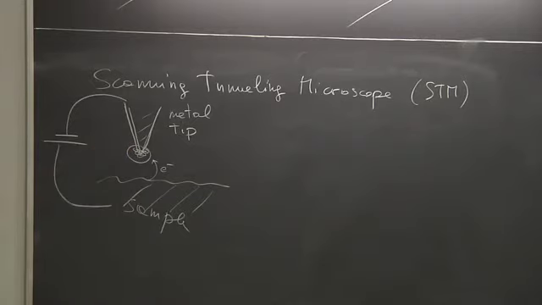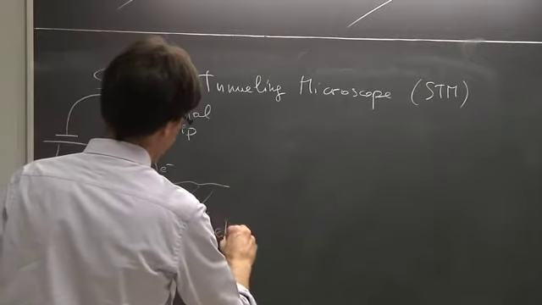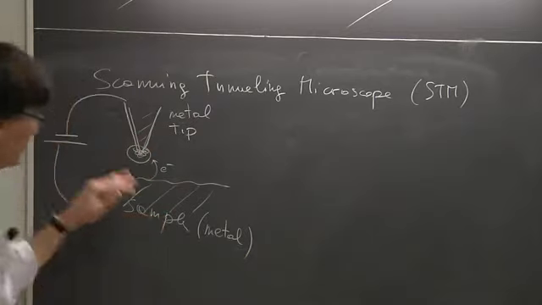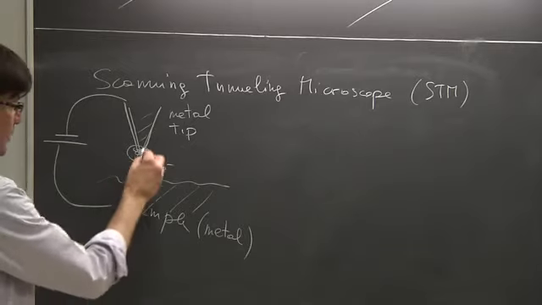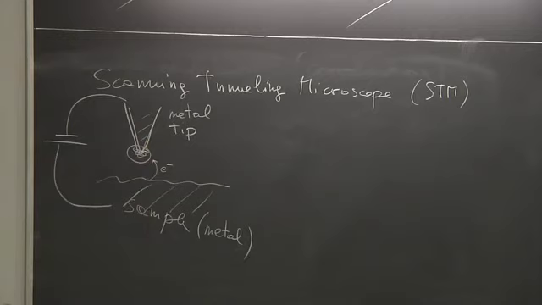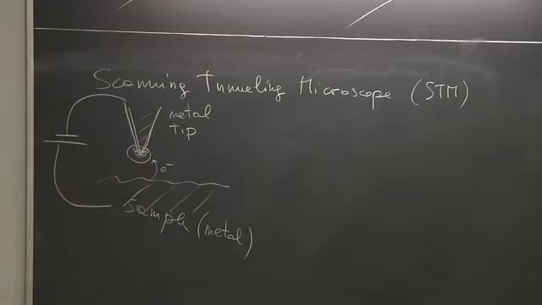Of course, this requires that the sample is also metallic, because otherwise you won't have any conduction inside the sample. There are tricks that allow you to avoid this, but to first approximation, you can only study metals with this method. Now, what's the beauty of this method? Here you have vacuum between the tip and the metal. So in principle, electrons are unable to jump from one system to another if there is a vacuum in between.